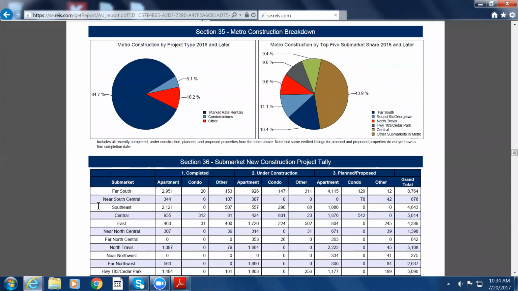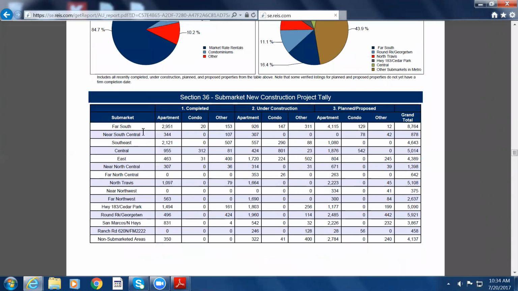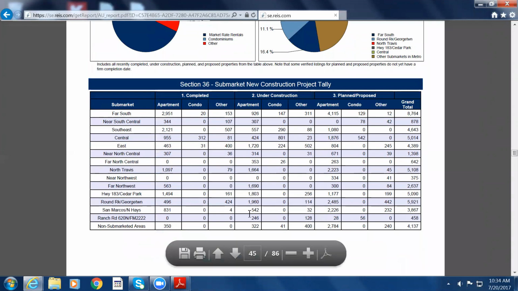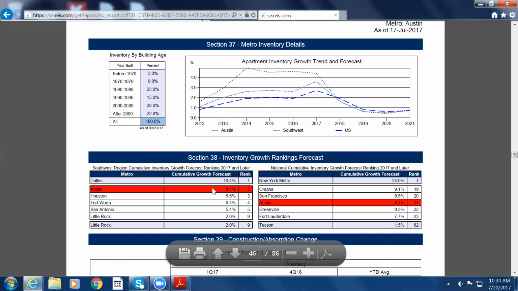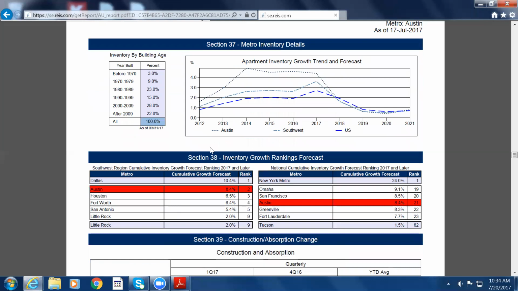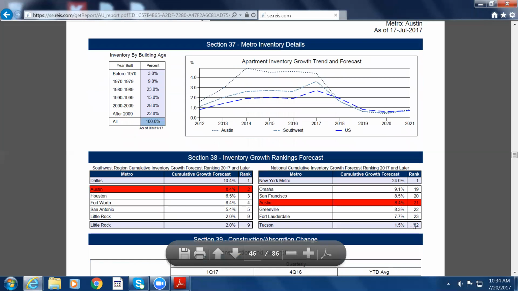And we can even break that down further into what was physically completed. Moving down here, we're going to benchmark that particular market against the entire country. So Austin is up there. It's number 2 out of all of those markets within that Southwest region. Now, if we look at it from a national perspective, 21 out of all of our primary markets. That's 82 total.